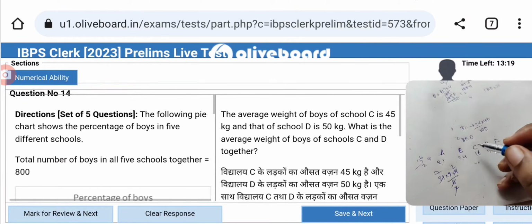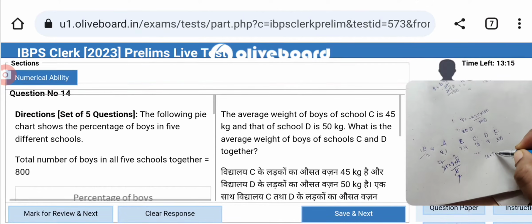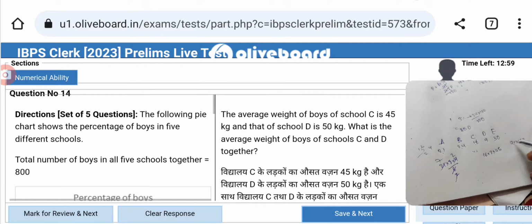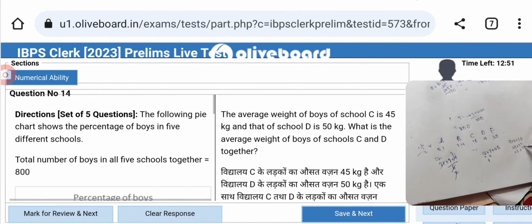The average weight of boys in C is 45, 16, 8, 45, and that of D is 9 into 8 is 50. Then what is the average weight? So that is the average weight of boys and also girls. So 9, 5 is 45 into 80, 45 into 128.